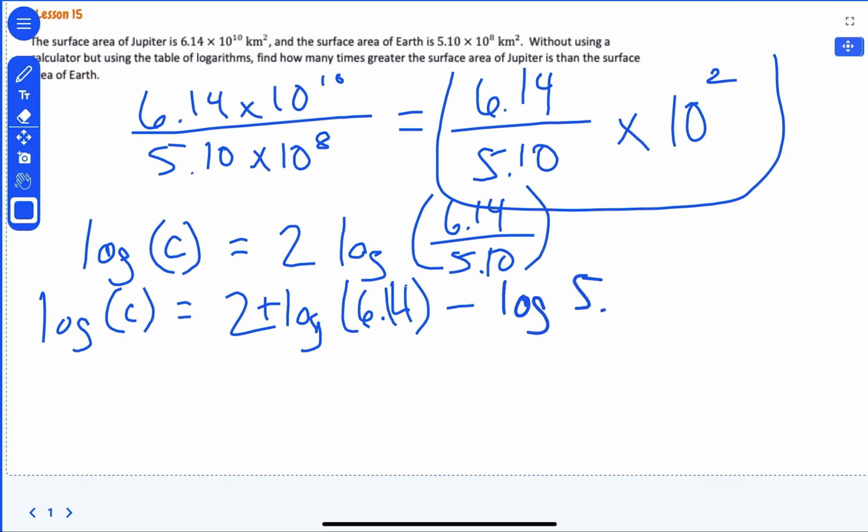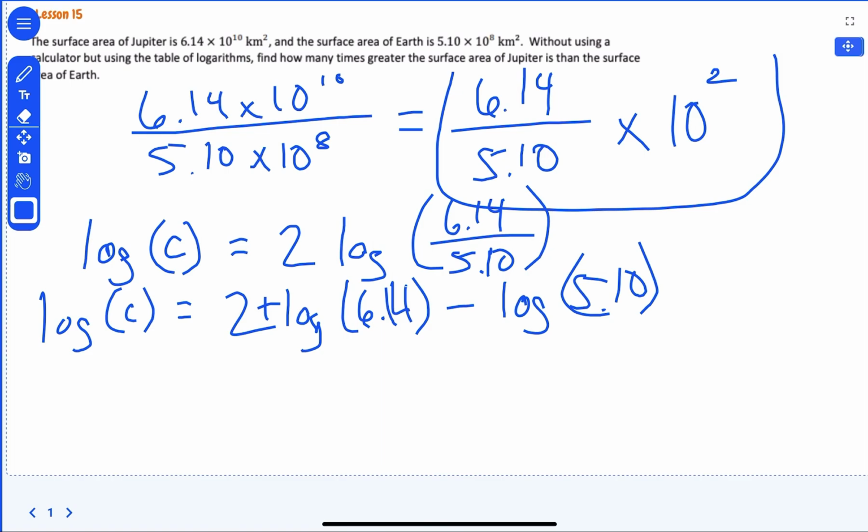Minus log of 5.10. Correct. Now at this point, you need to know log 6.14 and log 5.10. And we don't, do we?